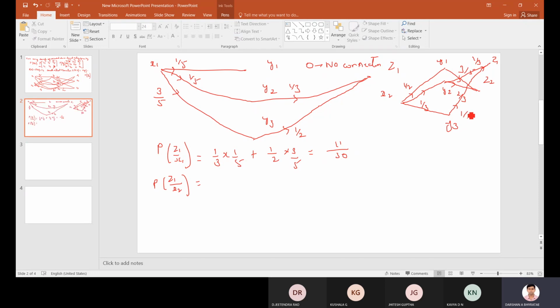Okay, so first I am determining P of Z1 by X2. P of Z1 by X2 is nothing but what? Where is it connected? P of Z1 by Y2.